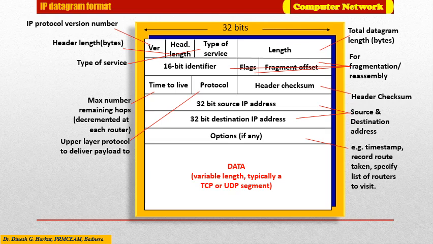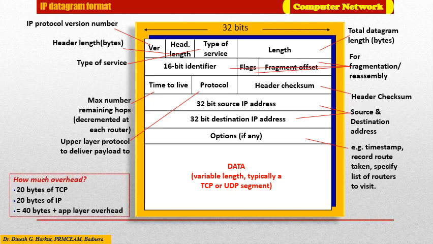However, the mere existence of options complicates matters, since the datagram header can be of variable length. One cannot determine a priori where the data field will start. Also, since some datagrams may require option processing and others may not, the amount of time needed to process an IP datagram at a router can vary greatly.